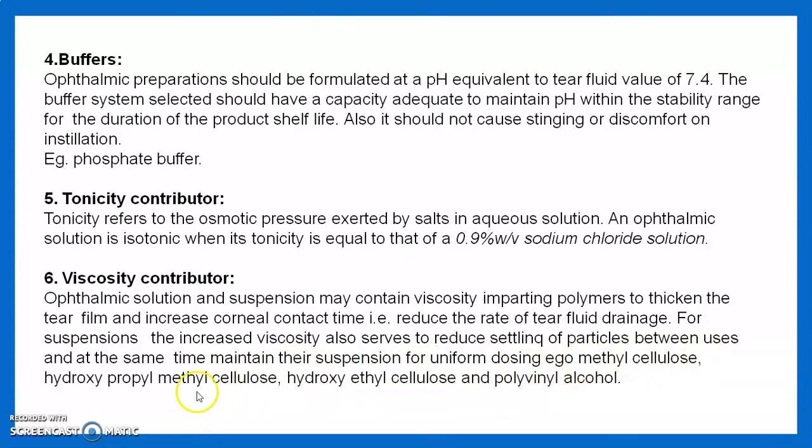Examples are methyl cellulose, hydroxypropyl cellulose, hydroxypropyl methyl cellulose, hydroxyethyl cellulose and polyvinyl alcohol. That means viscosity contributors increase the viscosity, and in the case of suspensions, increase the contact time with the cornea.